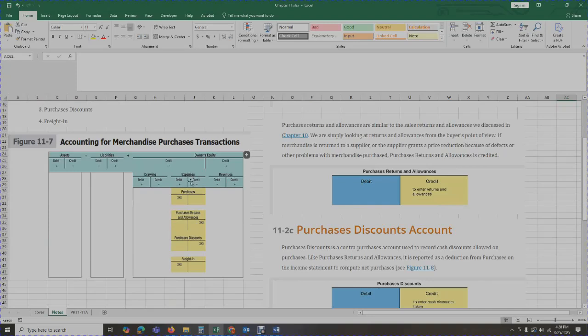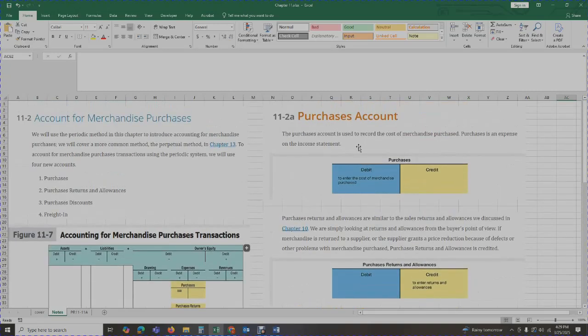If you look at it, all 4 accounts fall under the expense section of the accounting equation. Okay? Now, purchases and freight are expenses. Purchases, returns, and allowances, and purchases, discounts, those are contra purchases accounts that have the opposite balance of an expense account. So purchases and freight have a normal balance of a debit. Purchases, returns, and allowances and purchase discounts have a normal balance of a credit.